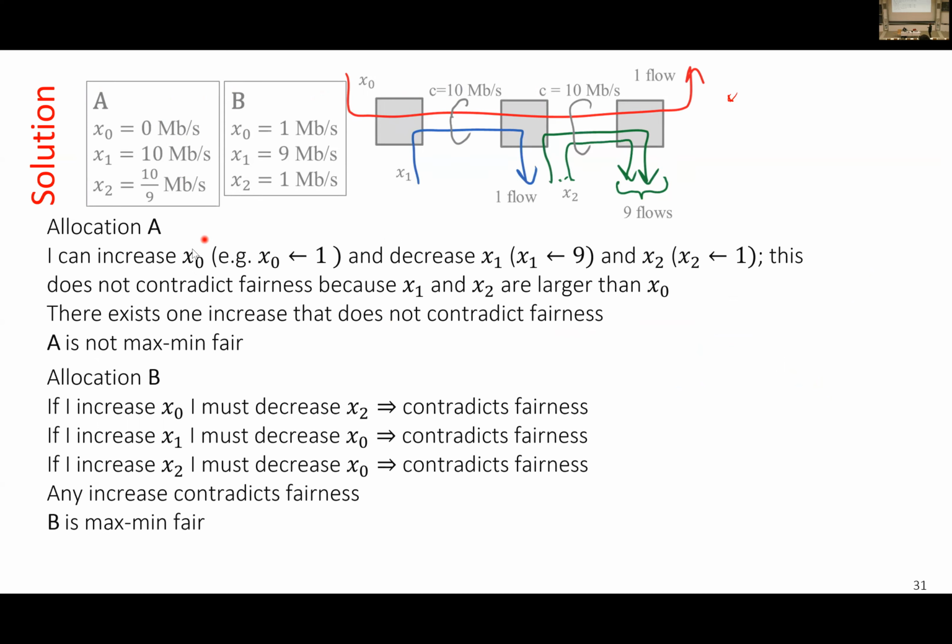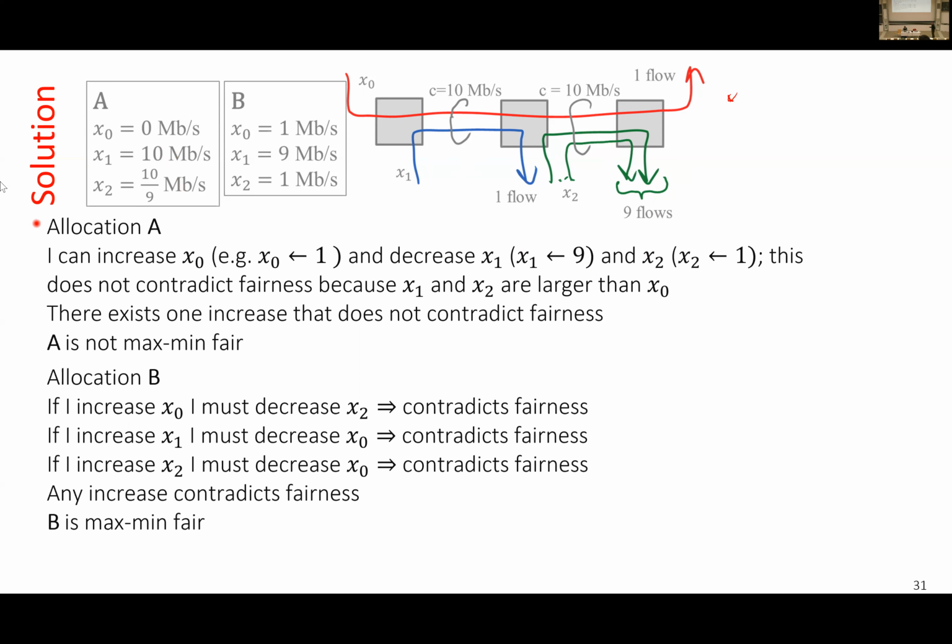I can increase x0, for example, I can make it 1 by decreasing x1, which is this guy here, making it 9, and x2 by decreasing each of those x's, making them 1 also. So that really is a feasible allocation. And I've increased the value of somebody who was the poorest of all, and I'm still feasible. So that means this was not max-min fair. I can do better in the sense of fairness than this one, so it's not max-min fair.